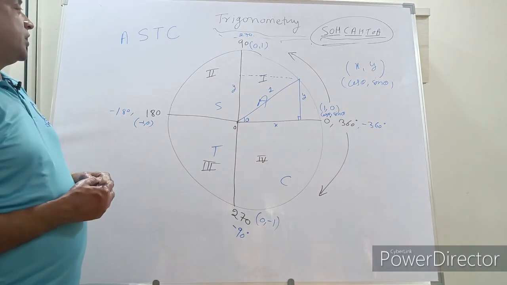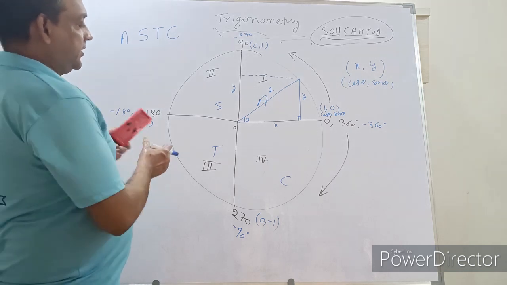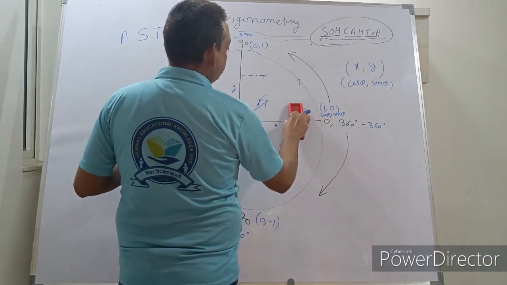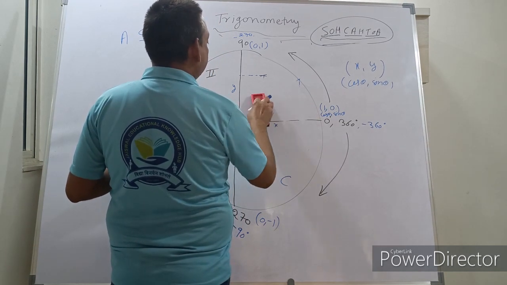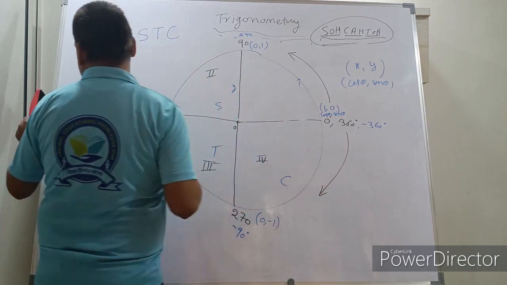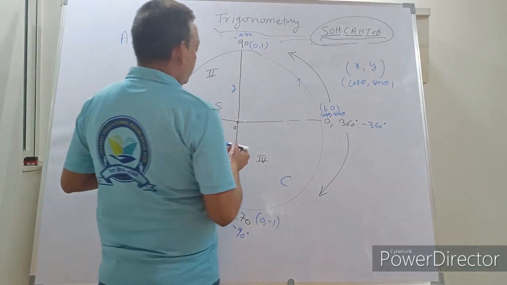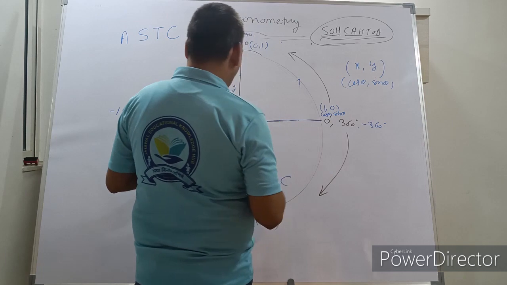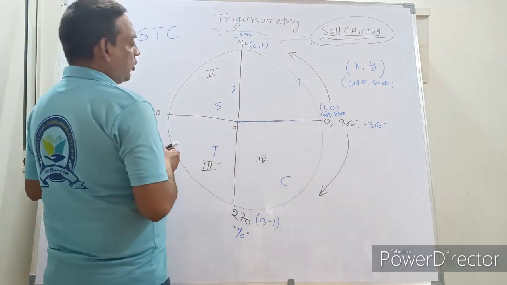After that, one very important thing here, the base angle. What is the meaning of the base angle? Any angle's base angle is always between 0 to 90 degrees. So base angle will always lie in the first quadrant.